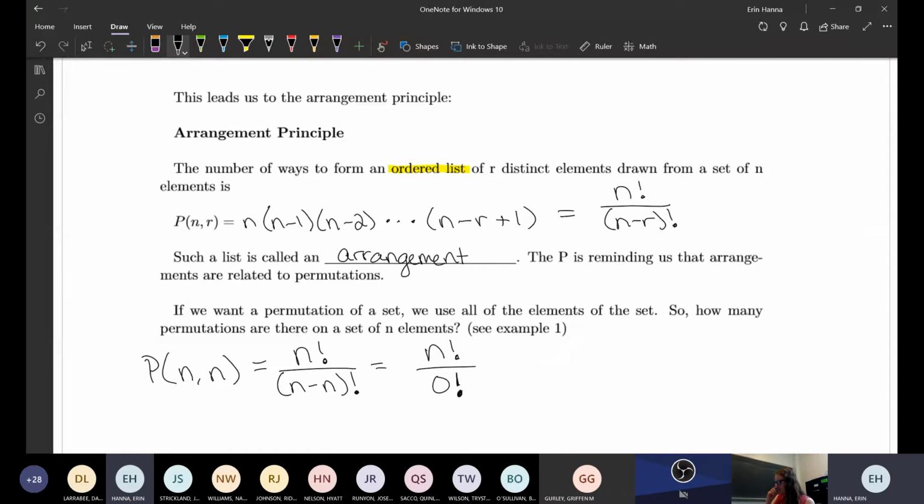Now 0 factorial is said to be 1, so this would be n factorial over 1, so n factorial. And if you think about it, if we have n elements and we're going to arrange them into a list, then we have n choices for the first one, n minus 1 choices for the second one, n minus 2 choices for the third one, and so on. So it does make sense that this should result in n factorial.